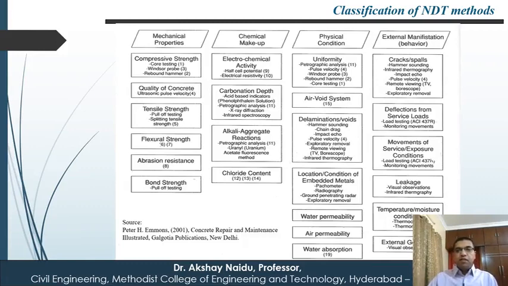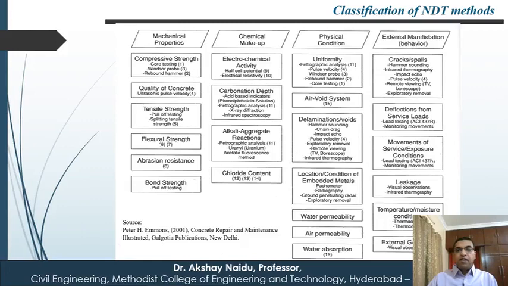Next, for chemical makeup, for electrochemical activity, for corrosion, if you remember unit 2, how corrosion takes place, the phenomena of corrosion. To identify the electrochemical activity, we have half cell potential, electrical resistivity. Then to measure carbonation depth, we have acid-base indicators, that is phenolphthalein solution, the simplest of tests.